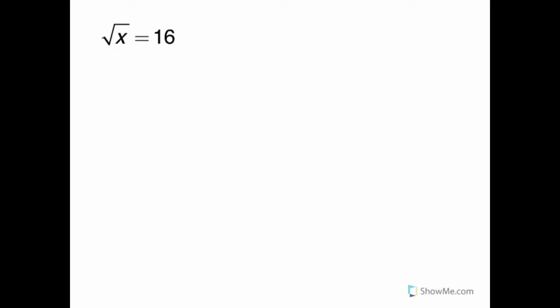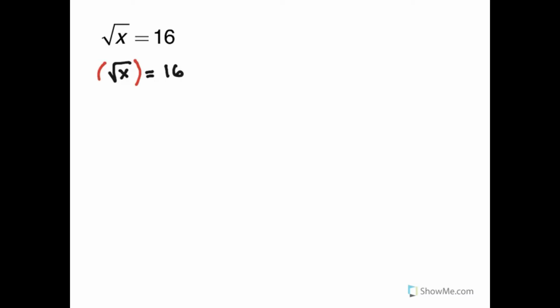This is a radical equation because the variable x is inside a square root sign. Root and radical are different names for the same thing. So if I want to solve an equation, in general, I undo what is done to the variable by doing the opposite operation.